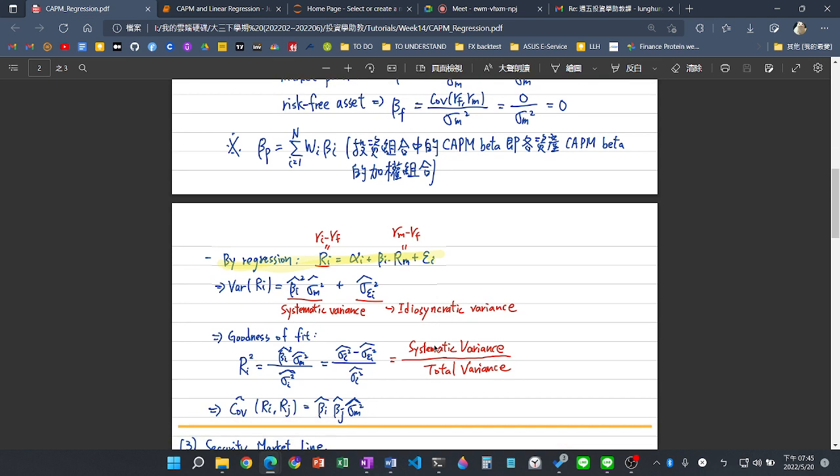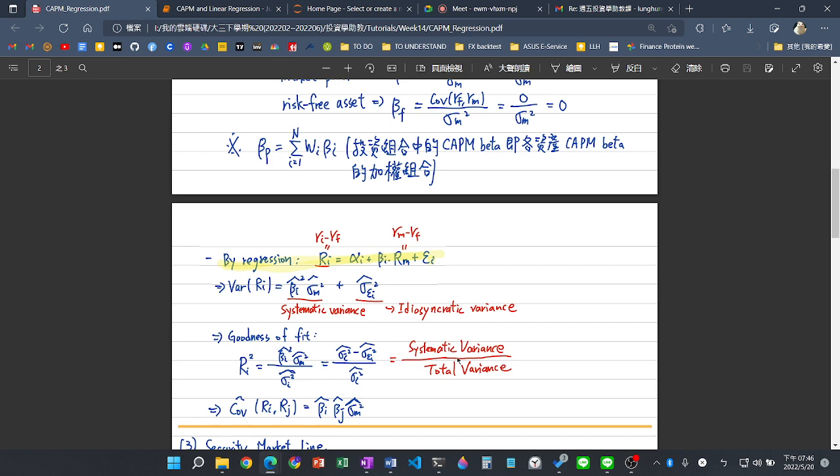And next, we can derive the goodness of fit as well. If you have attended a statistics course, you may know this before. Essentially we are trying to compare how accurate the independent variable is, because here we are trying to link the excess returns of i with the market, right?